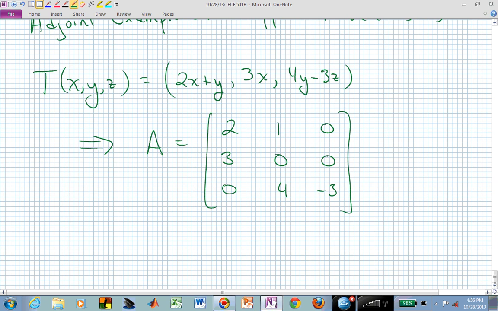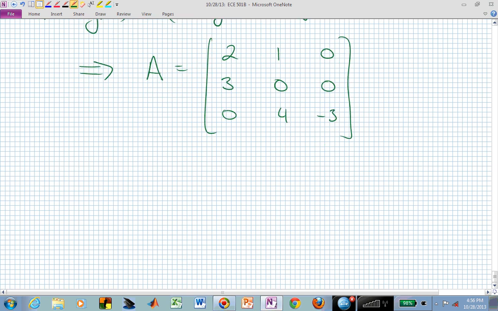Now, if you want the adjoint, what would that look like? Well, that's just the complex conjugate. That's easy, isn't it? I can do that on this real matrix. And now I simply have to transpose it.